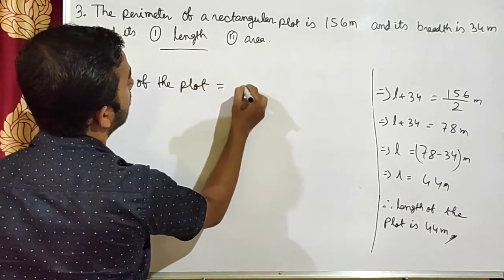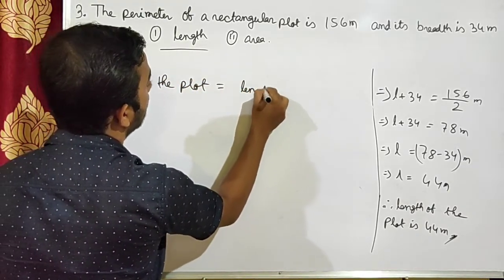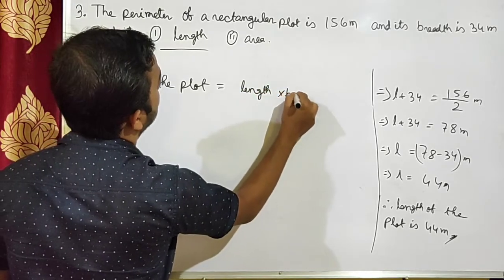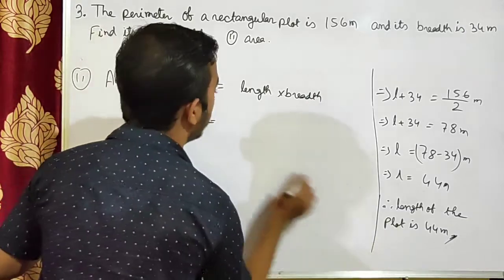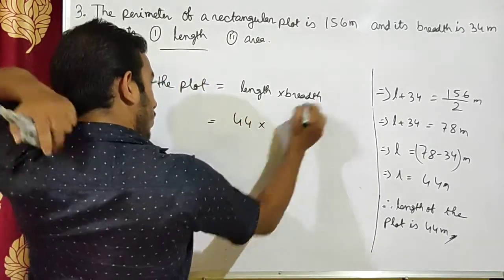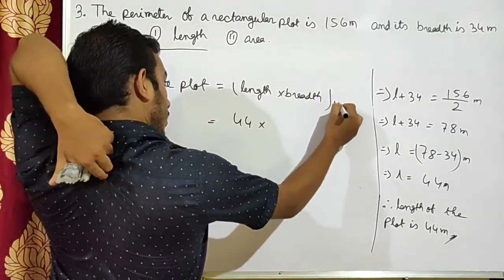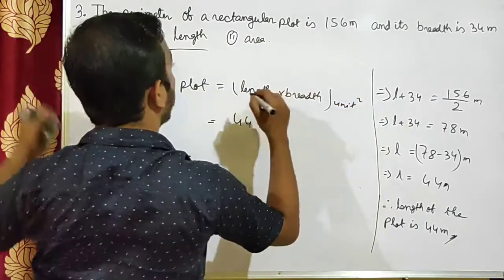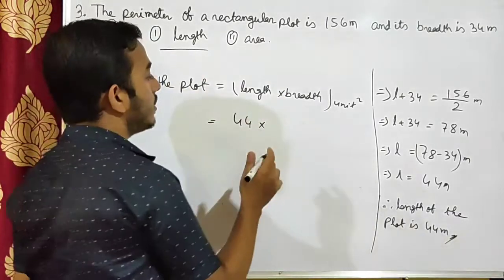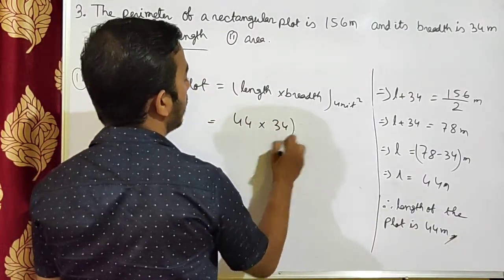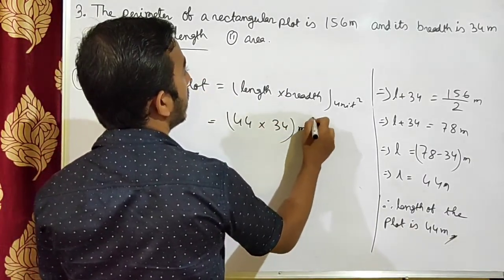Area of the plot is length into breadth. Here length is 44, unit is meter square. Breadth is 34.